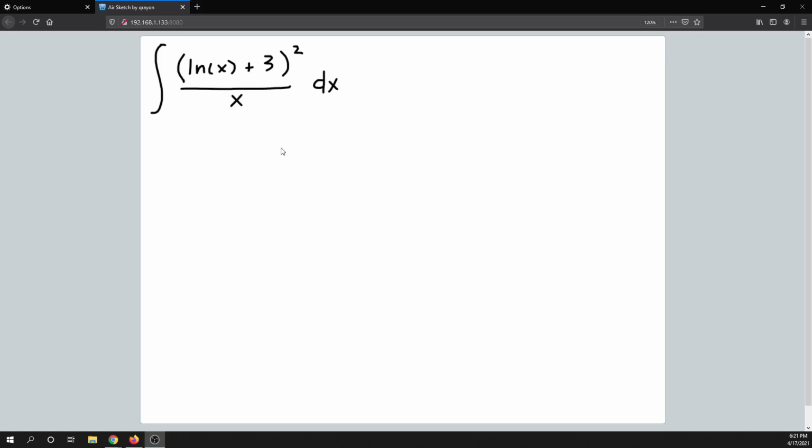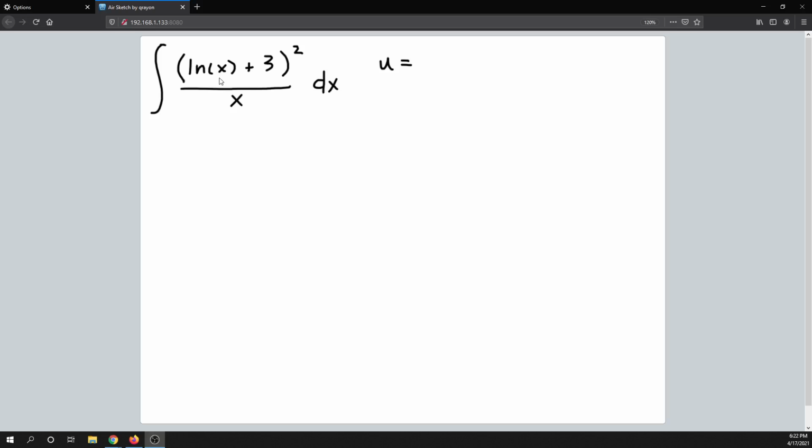For integration by substitution, what we're going to do is choose a value for u. So we're going to set u equal to some part of the integral here. If you think back to the video I made about substitution, I said one of the top choices for u is parts of the expression that are inside other parts.